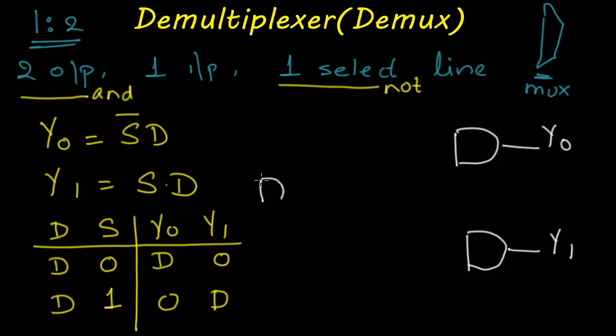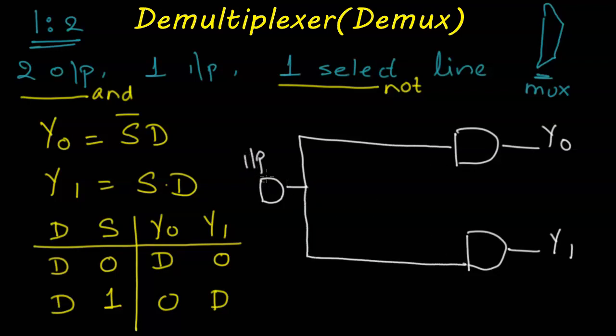And here let's draw D. Let's connect my input to both my AND gates. This is my input D. Now we have a select line S. The number of NOT gates is just 1 and we need it for Y0.